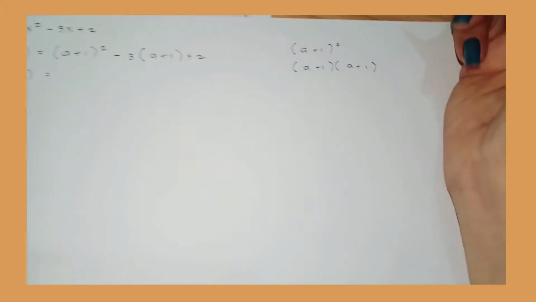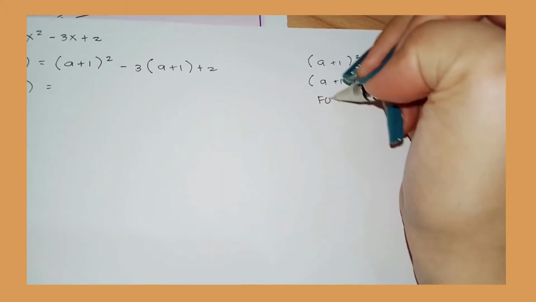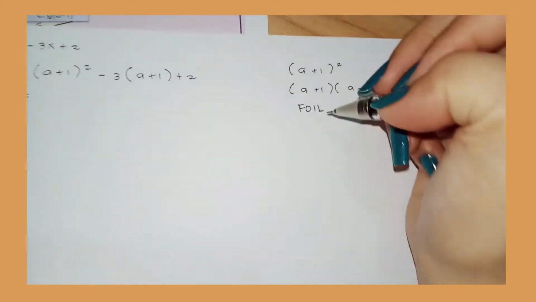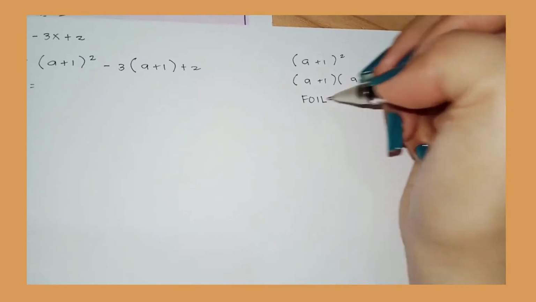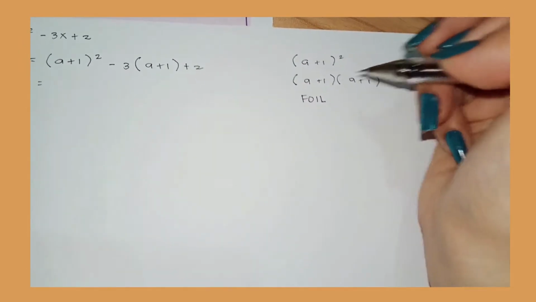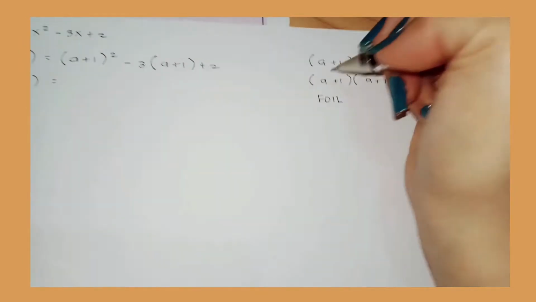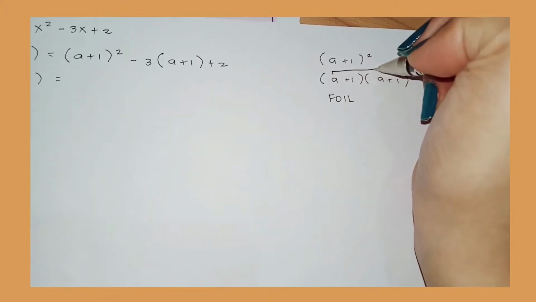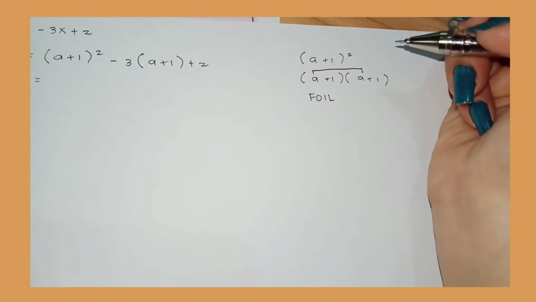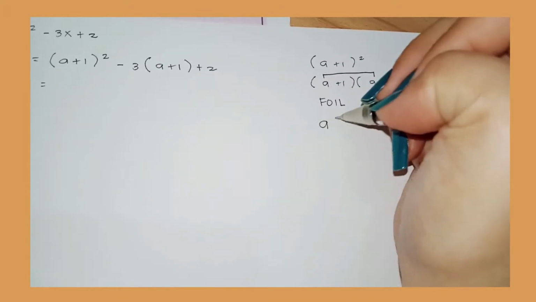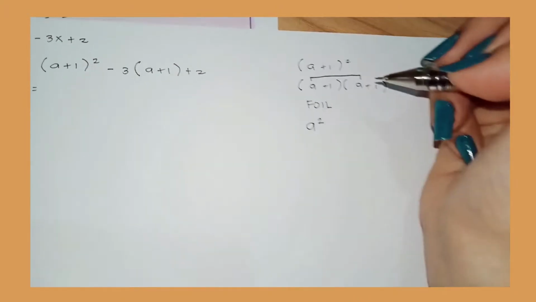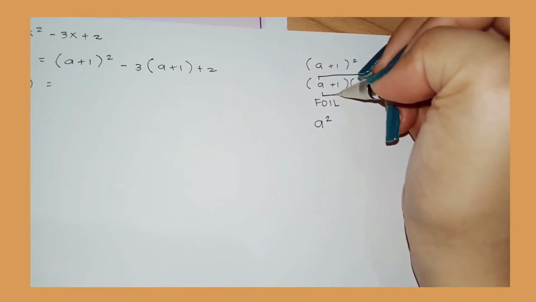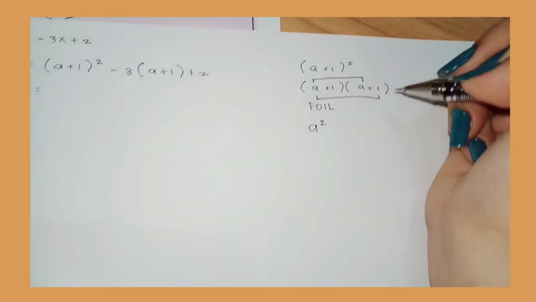Kung natatandaan nyo yung FOIL method, we need to multiply the first term, outer term, inner term, and the last term. First term muna tayo. A multiply to a, the answer is a squared. Next, O, which is outer. A multiplied to 1 is 1A.